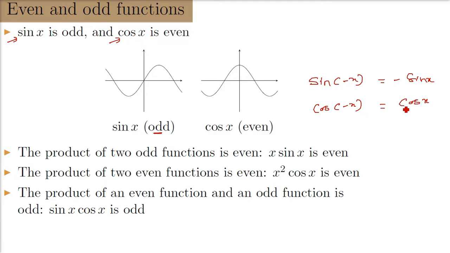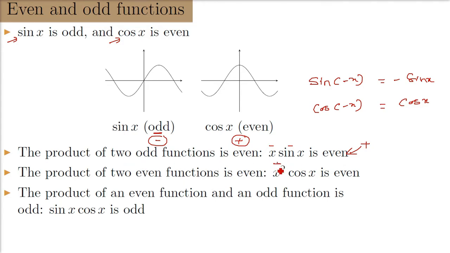Now, let us say this odd function is negative, cos x is positive, and you know how to multiply negative and positive. Same thing here. If we have two odd functions, negative, negative, like x and sin x, it will give you even. Negative, negative is positive.